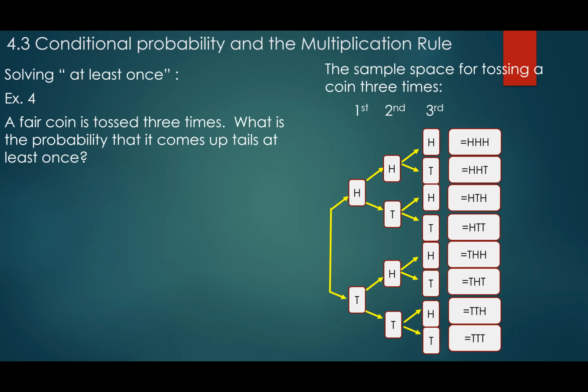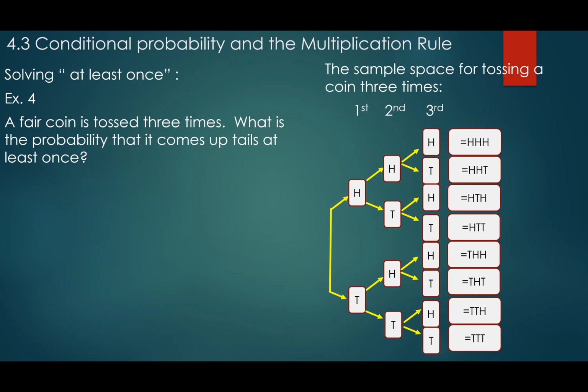What are my 8 outcomes? I can have all 3 heads; 2 heads and 1 tail; 1 head, 1 tail, 1 head, which is again 2 heads, 1 tail, just in a different order, right? A different time it comes out. Then a head and 2 tails, a tail and 2 heads, and vice versa, 3 tails at the end. If I flip the coin 3 times, this is every possible combination of head and tail that can come out. First of all, everybody see this sample space here?